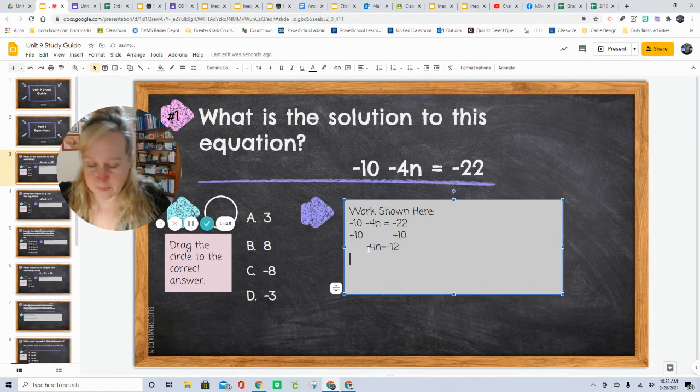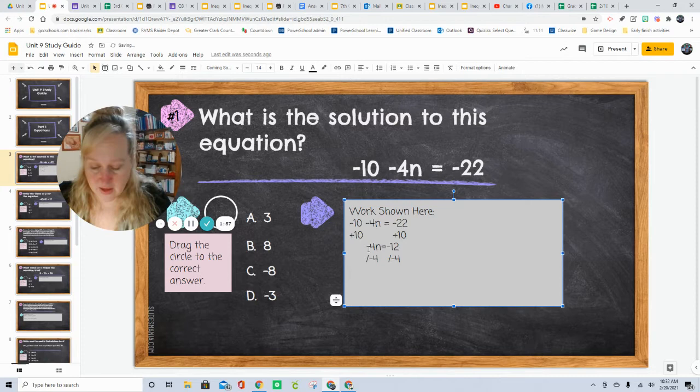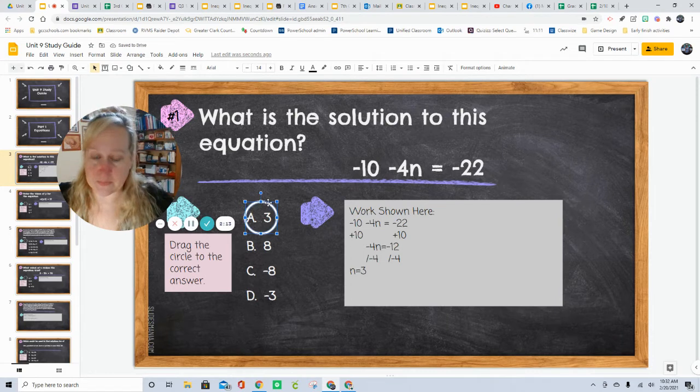And so the next step will be to divide by negative 4 to both sides. Negative 4. Let me put that negative in there. And once I do that, I'm left with n, which is now an isolated variable, equals negative 12 divided by negative 4 results in a positive 3. So if you're doing it with this, you'll just drag this over to here, and there's the answer to that.